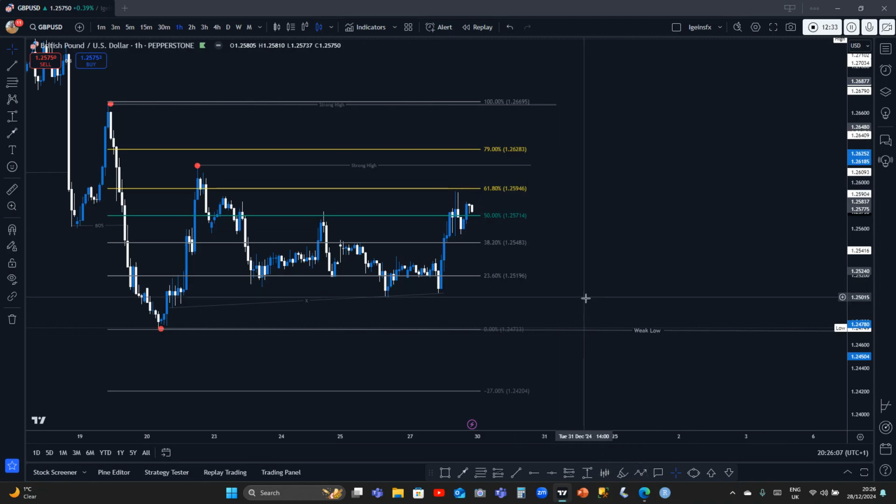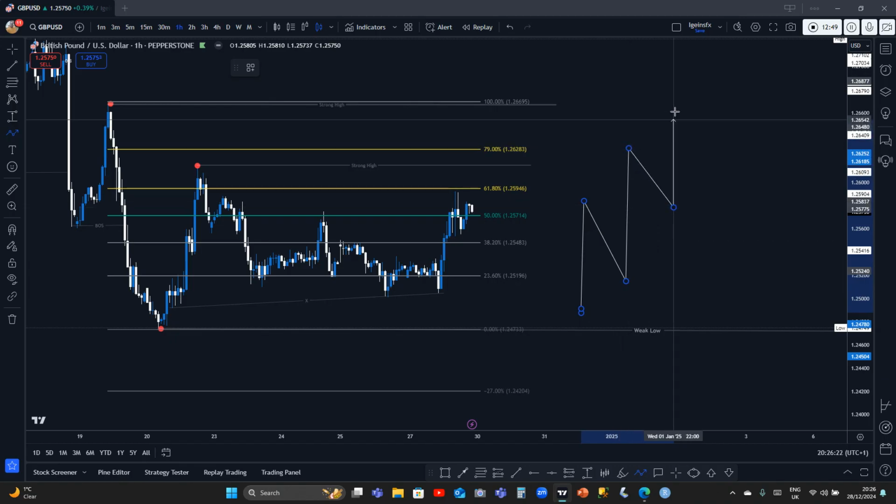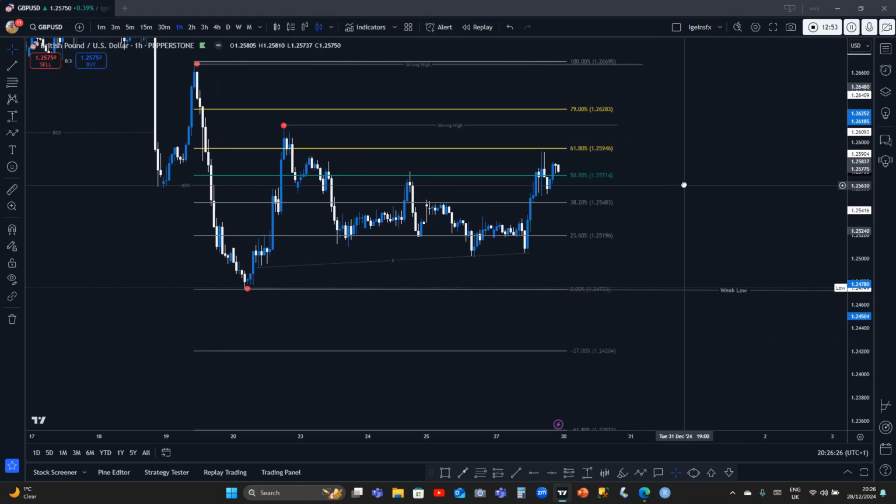What do I mean by that? I'm saying if we are bullish, price action will go up like this, create a high, a moment of relief, then take out this high. All right, come down, break this high again. So this is bullish movement.